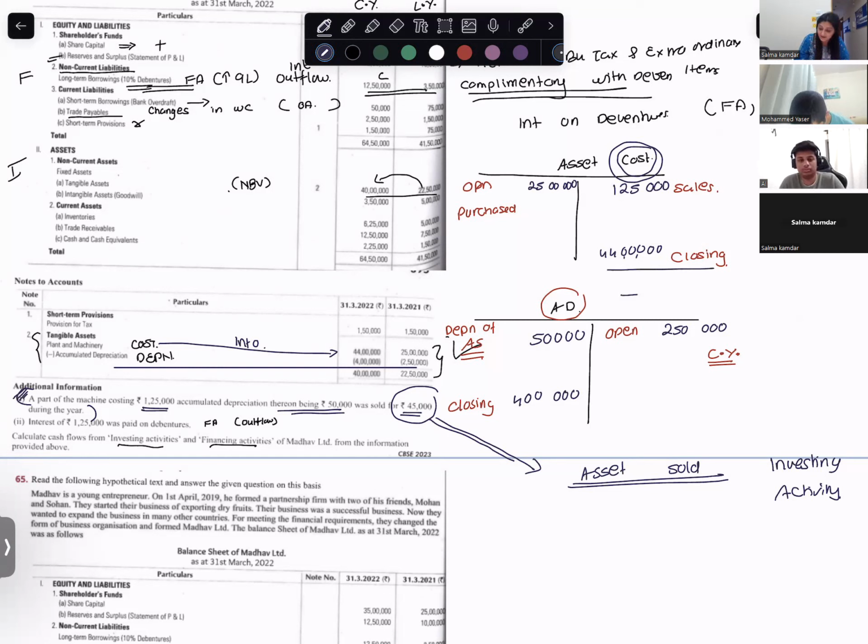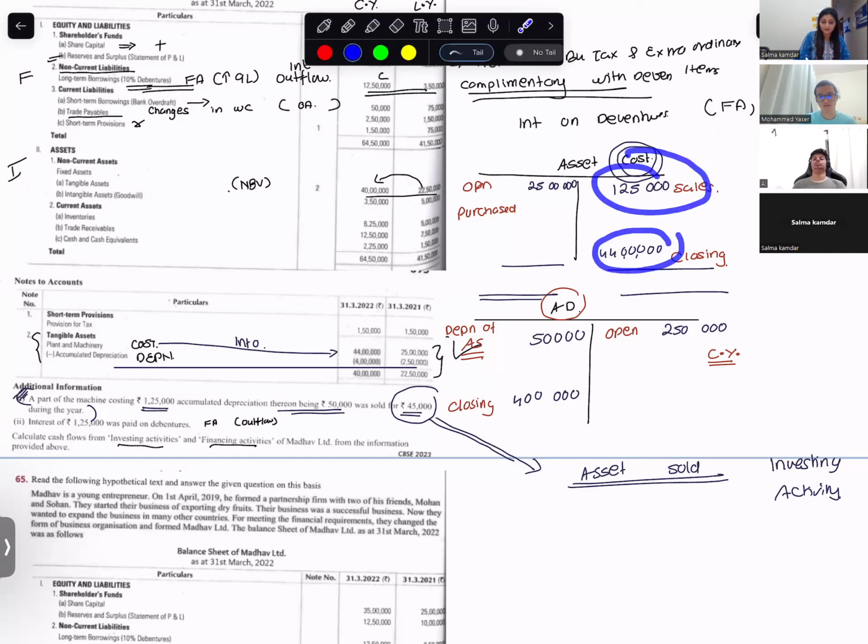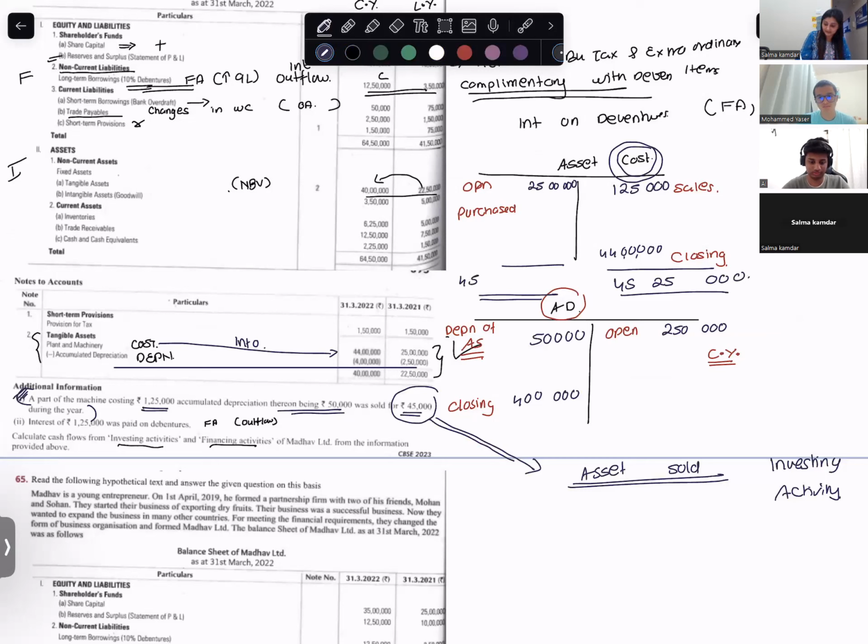Tell me, can I find the asset purchased? This is 44 and this is 1,25,000. So the total will become 45 lakh 25,000. 45 lakh 25,000 minus 25 lakh, 20 lakh 25,000.